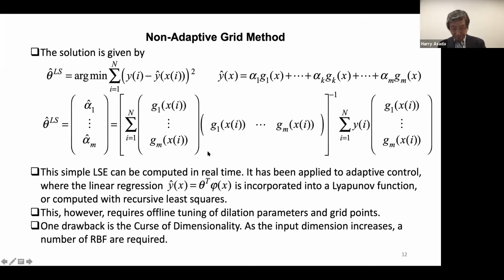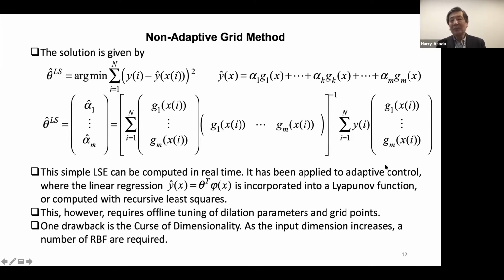It's so quick to compute, right? And this simple linearity has been exploited for constructing adaptive controls or learning control systems, where this linear regression is incorporated.